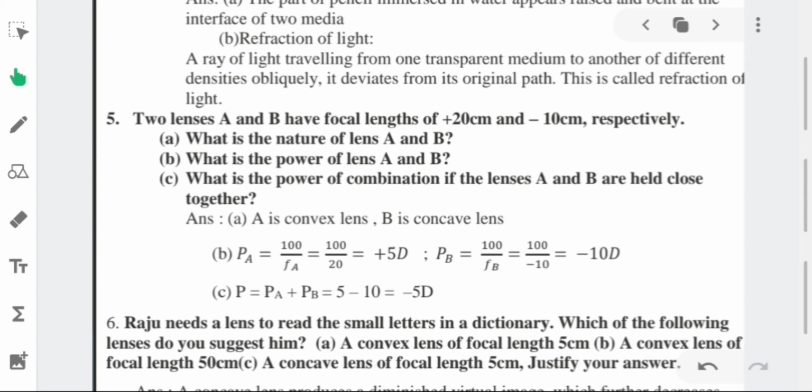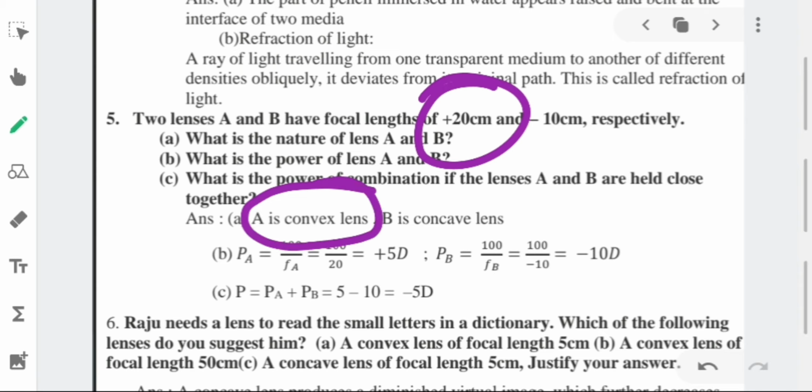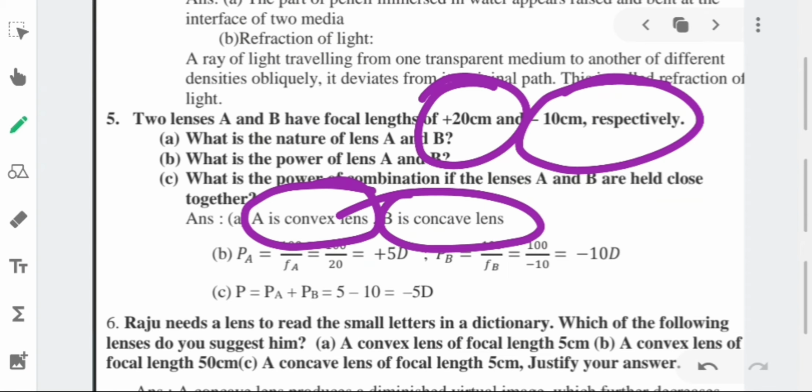Students, in previous pages, scoring pages, we have learned that plus means it is a convex lens. When it is minus, it will be a concave lens, because the focal length will be towards the left side, and when it is convex, its focal length will be on the right side. So A is convex and B is concave.